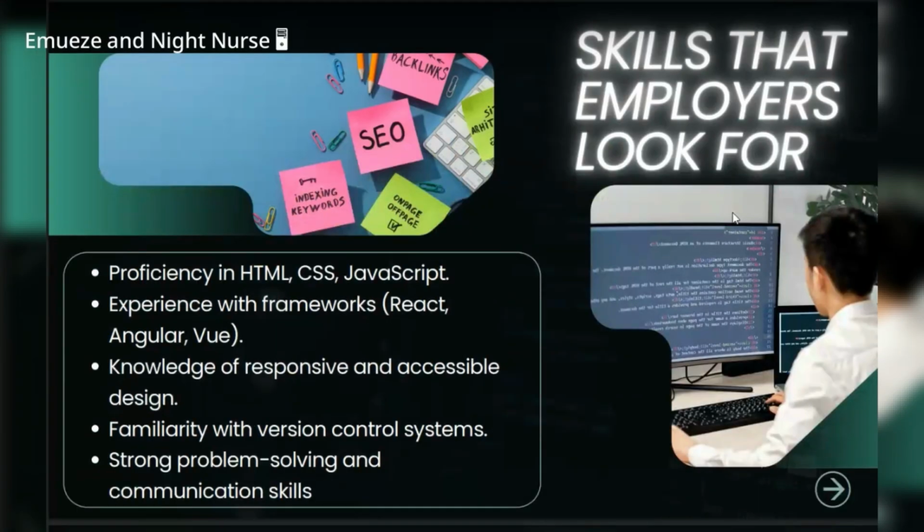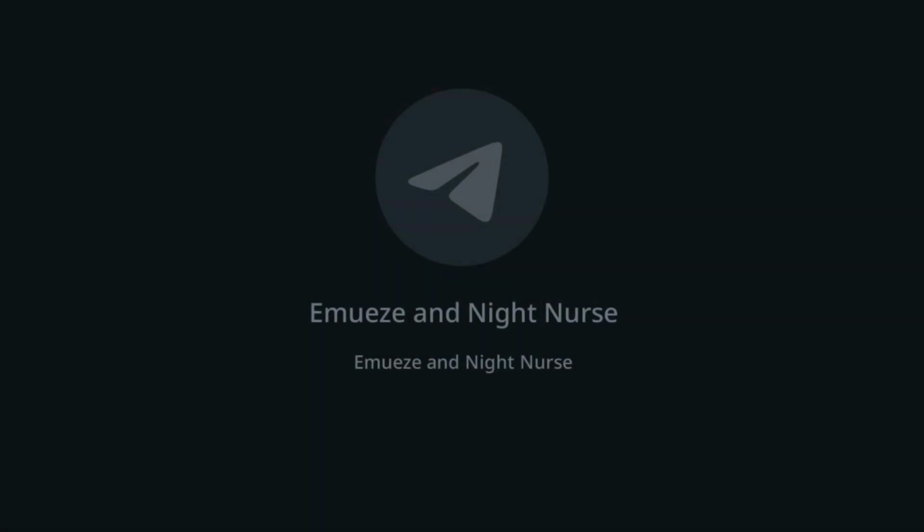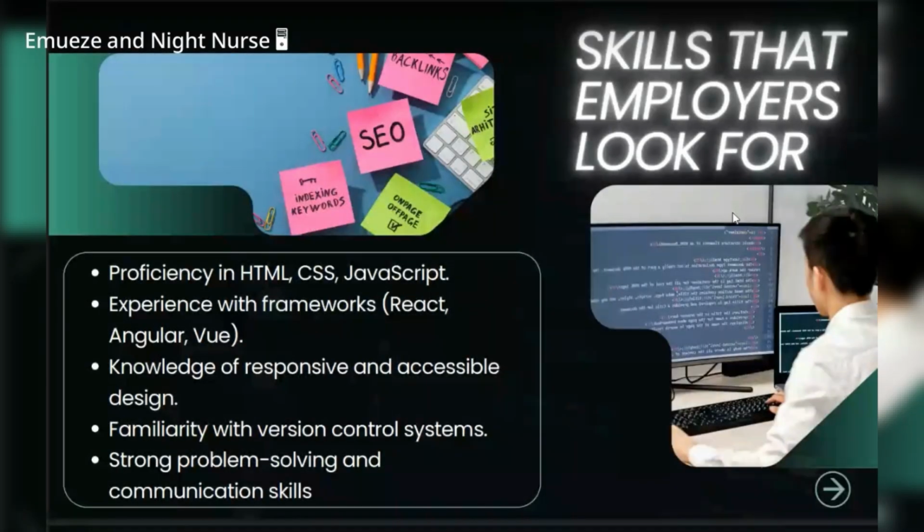Skills that employers look for in a front-end developer. By the end of this program, you should be proficient. You should have in-depth knowledge of HTML, CSS, and JavaScript because employers look for that. You should have experience with frameworks, but the framework we are focusing on for this program is React.